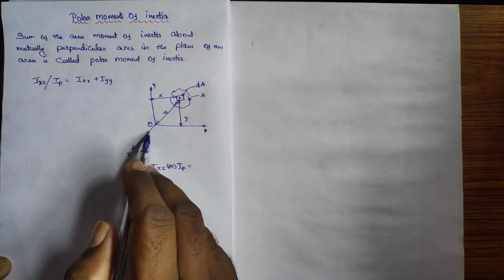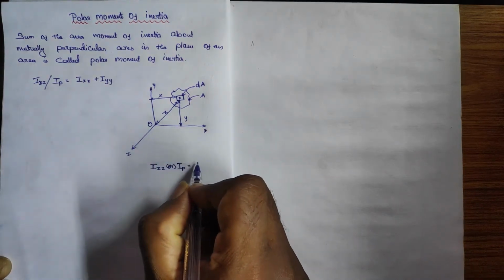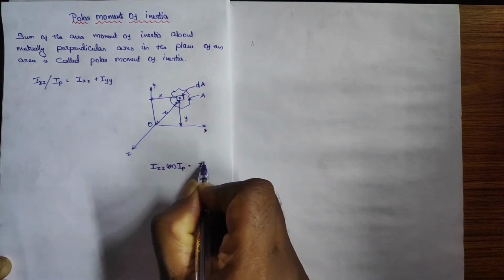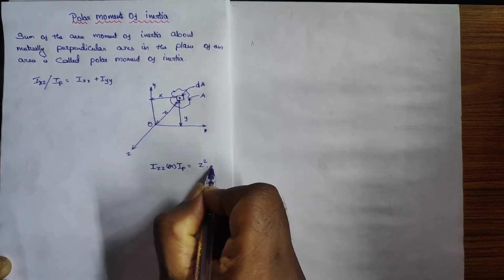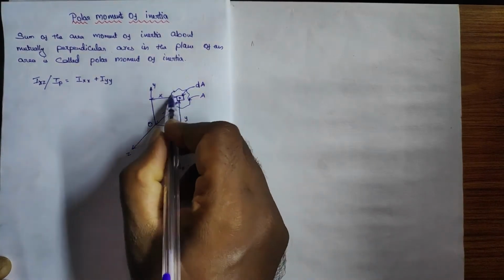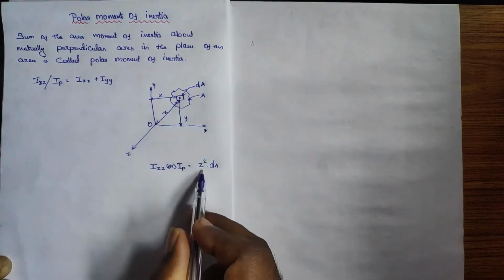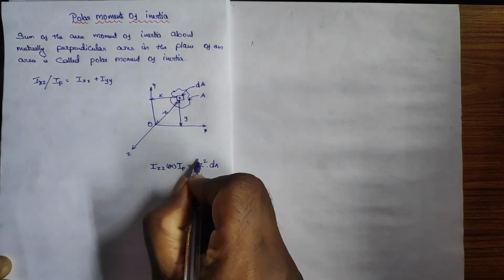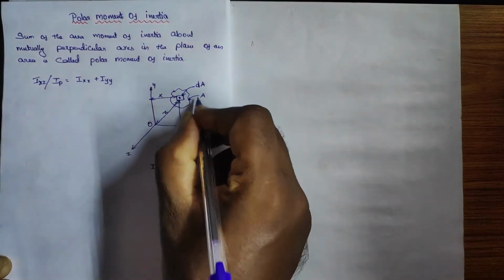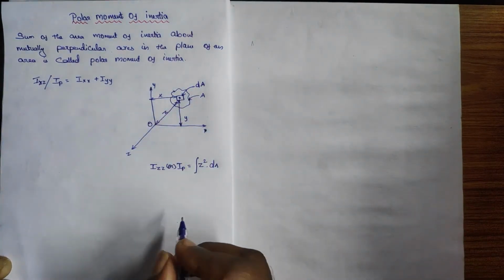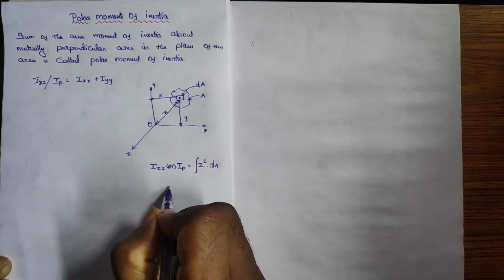Its perpendicular distance is z, so z square into its area dA. If I take it for the whole area A, then it will be an integral.